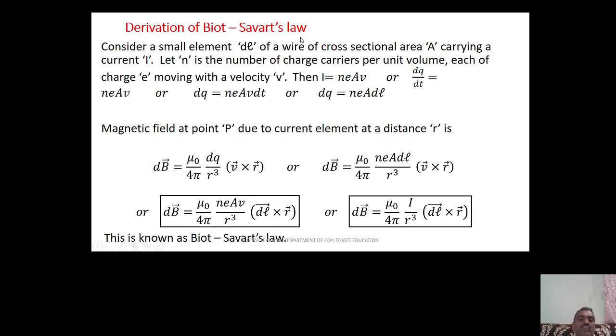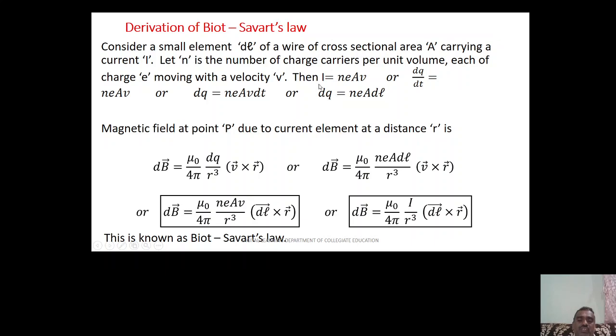To derive Biot-Savart's law, we consider a small element dl of a wire of cross-sectional area A carrying current I. Let n be the number of charge carriers per unit volume, each of charge e moving with a velocity v.